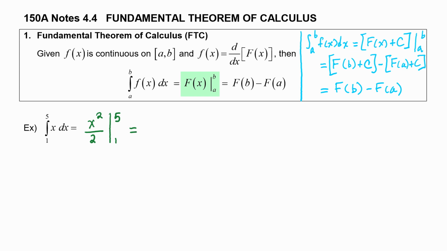Now we have to evaluate F of b minus F of a, so that means take this antiderivative and evaluate it at 5. So we have 5 squared over 2 minus take the antiderivative and evaluate it at 1. So we would have 1 squared over 2. So we've got 25 over 2 minus 1 over 2, which is 24 over 2, which is equal to 12.